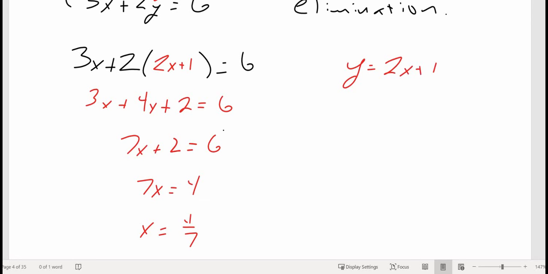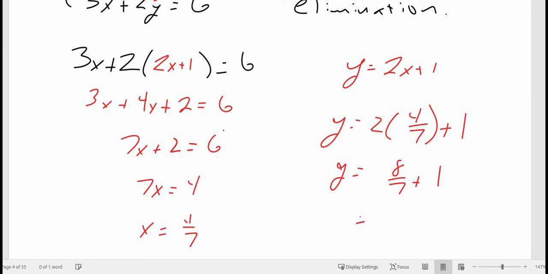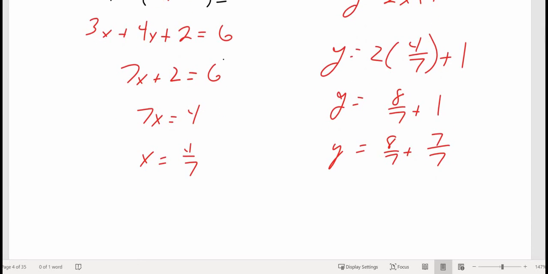Now I know what x is, so I can substitute that in for the x, because it's now equal to 4/7. That's 8/7 plus 1. So I got to get a common denominator. That 1 would be 7/7. And now I know what the other variable is equal to, because that's 15/7.